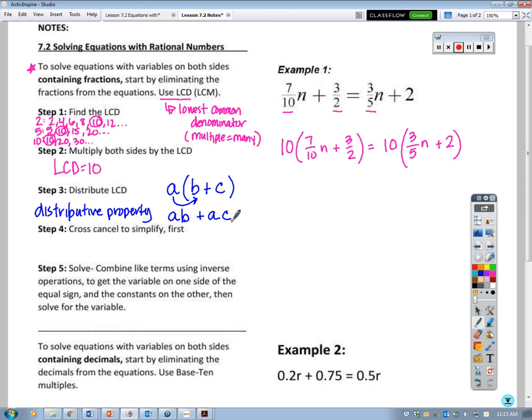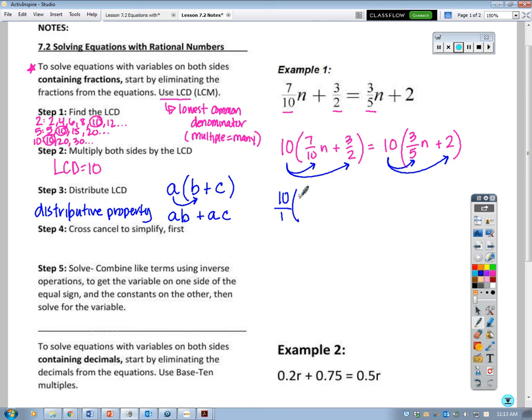So I'm going to do that up here with my equation. I'm going to multiply 10 times 7/10 n and 10 times 3/2. Multiply 10 by 3/5 n and 10 by 2. Anytime you multiply a whole number by a fraction, you put that whole number over 1.